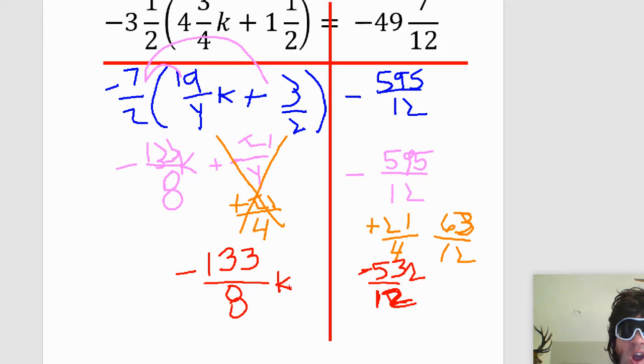times k. Now, it says times, so you're going to divide. When dividing fractions, don't ask why. Flip the second one over and just multiply. So I'm going to write way over here, my bros. It was going to be negative 532 over 12. And then it was going to be divided by negative 133 over 8.